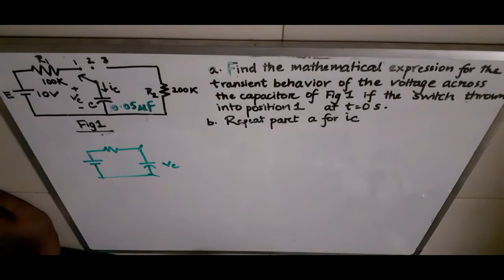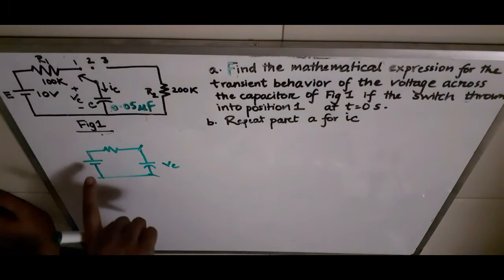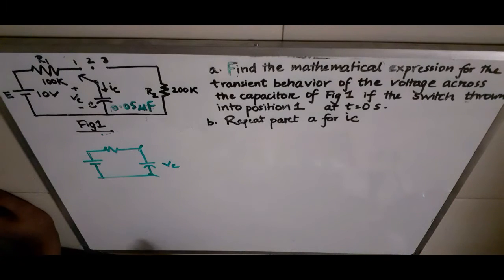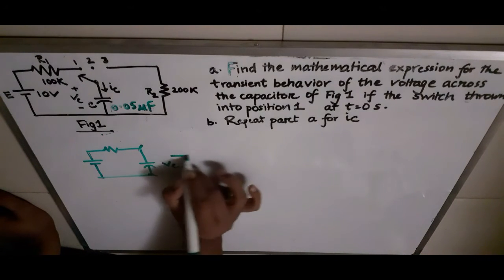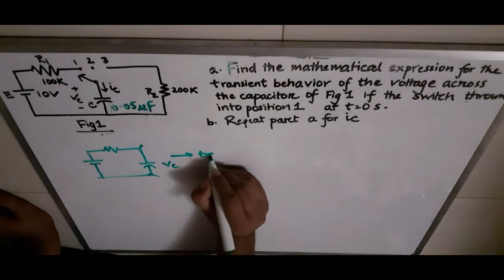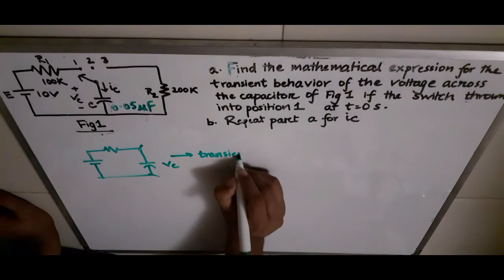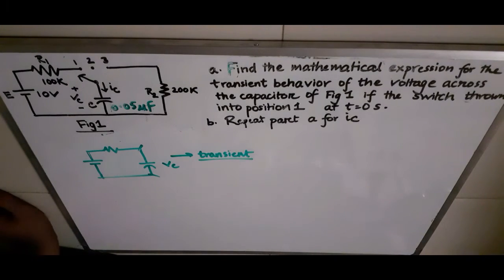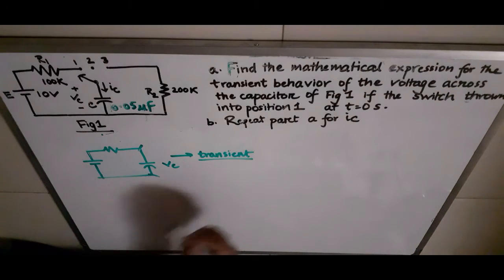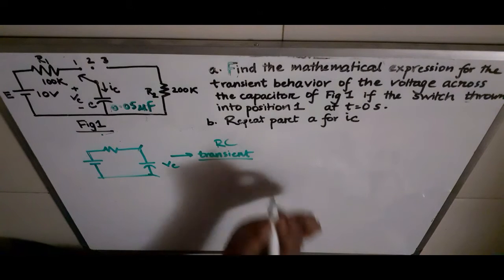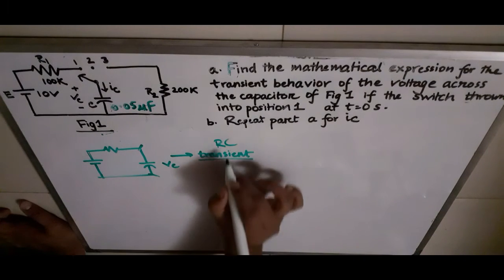I told you that it will start charging the capacitor and it will show a transient behavior. Transient. You need to remember this one. This RC circuit will show a transient behavior.